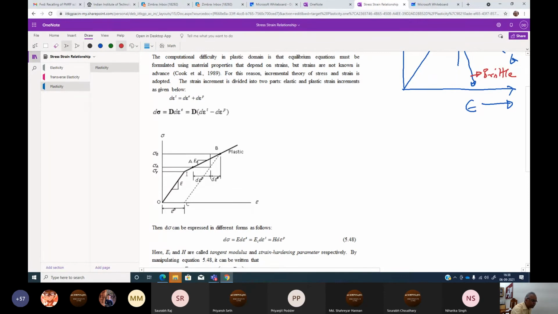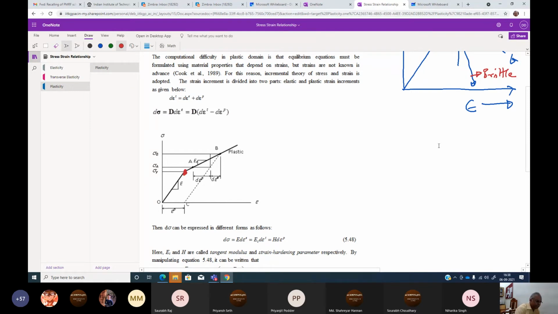Up to this point we have elasticity. Now let's say the load has increased from sigma y to sigma b, or point A to point B. So from point A to point B, the stress has increased.